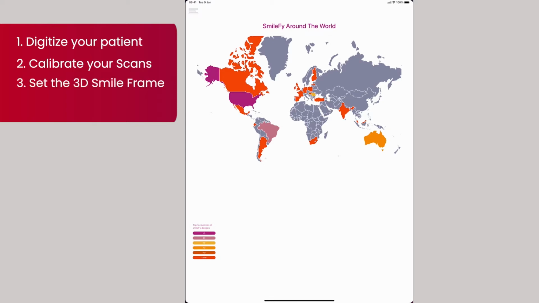Third step is to set the 3D Smile frame to create and transform your mock-up design into reality. Last step is to export your files and upload them into your 3D printer or send the files to your lab for printing.